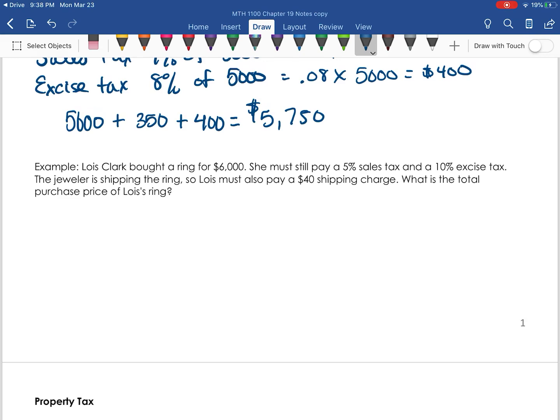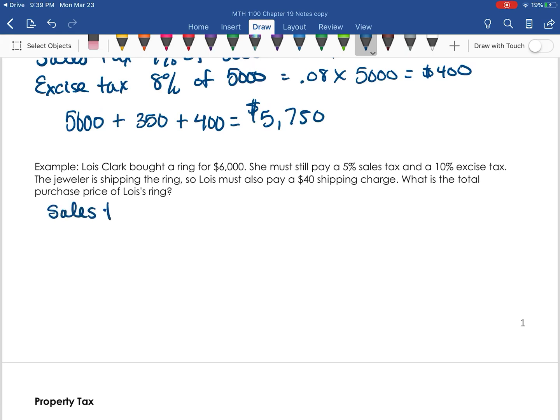Okay, last example. It says Lois Clark bought a ring for $6,000. She must pay a 5% sales tax, a 10% excise tax, and for the jeweler shipping the ring, that's an additional $40 shipping charge. What is the total purchase of Lois's ring?